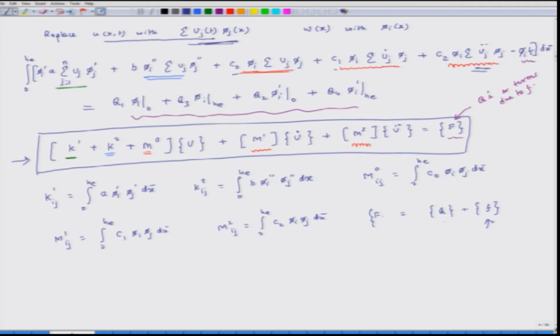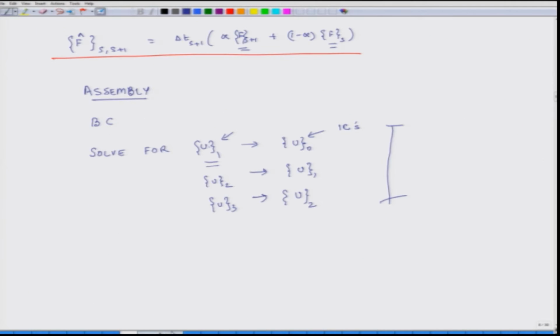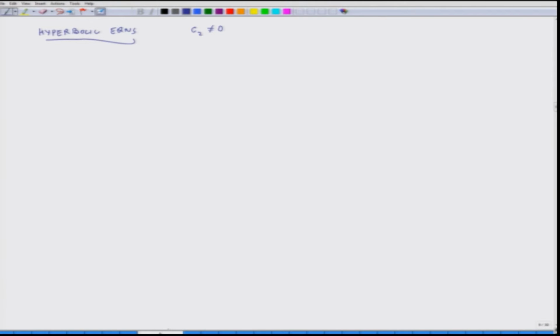C2 should not be equal to 0 because that is what gives us the second order derivative in time. But in the context of today's class, we will additionally assume that C1 equals 0.